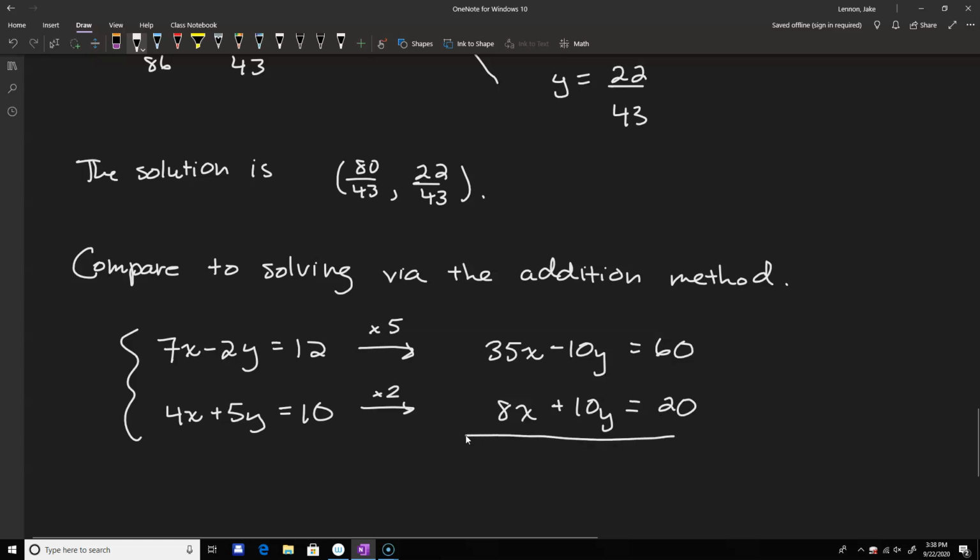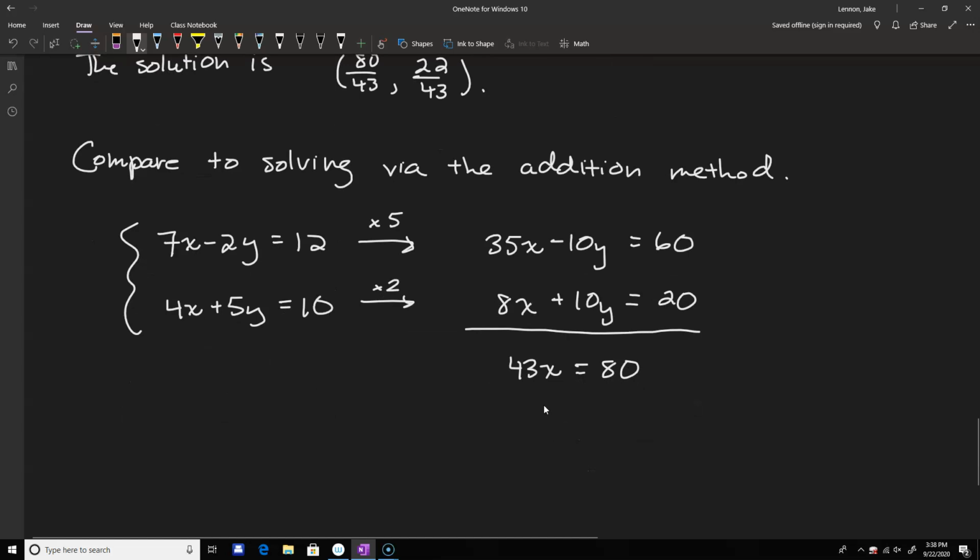If you add those equations together, the minus 10y plus 10y add to 0, and we'll be left with 43x equals 80. Then if you divide by 43, we get our value for x. So x is 80 over 43. And then you could solve for y the same way.